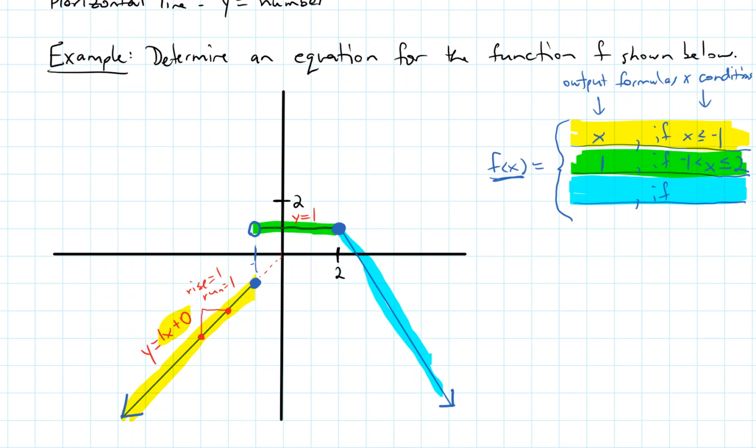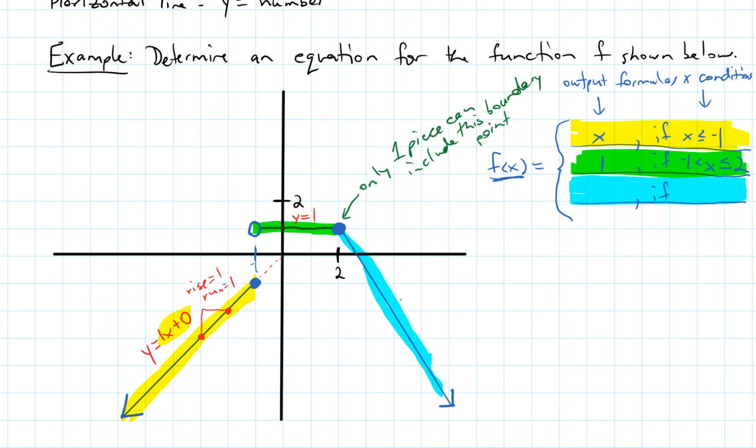Now really, when you look at this, only one piece can include this boundary point. That's because a function can only have one output per input, so this is kind of a caveat to that.